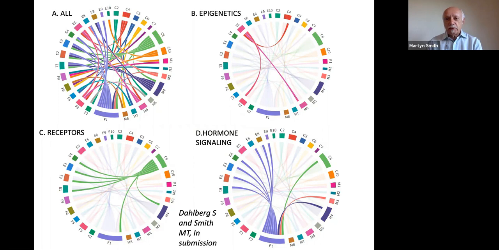If you look at something specific like epigenetics, you can see the correlation with epigenetics in endocrine disruption with that in carcinogens, and in male and female reproductive toxicants.